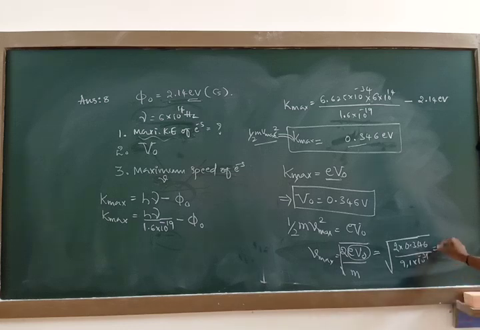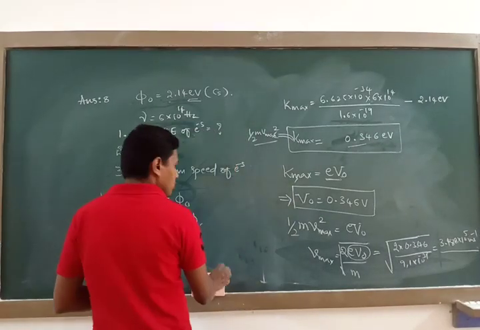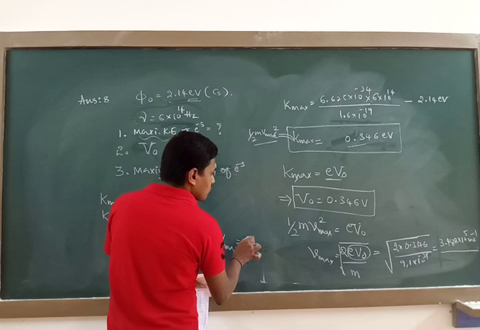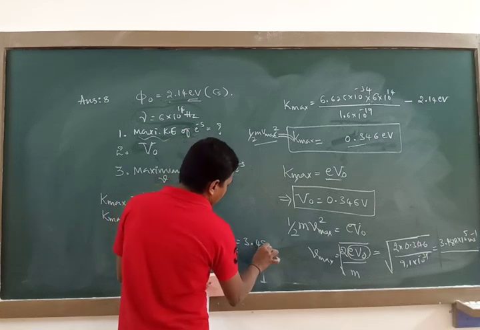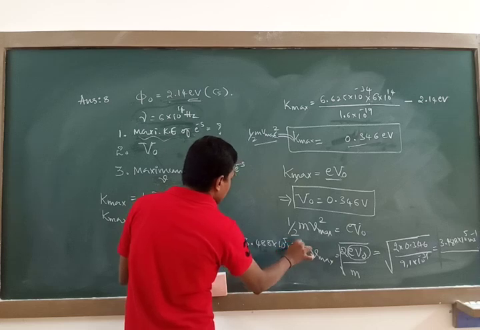Then if you simplify this, you are getting the value 3.488 into 10 raised to 5 meter per second. So the maximum velocity Vmax is 3.488 into 10 raised to 5 meter per second.